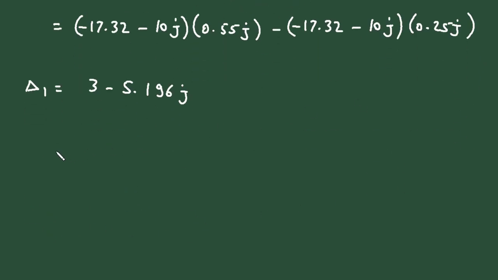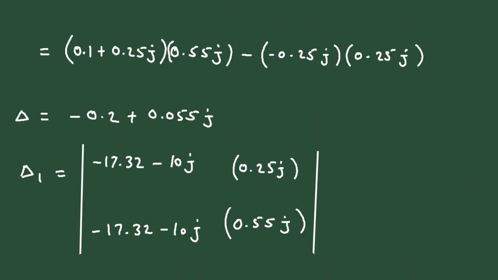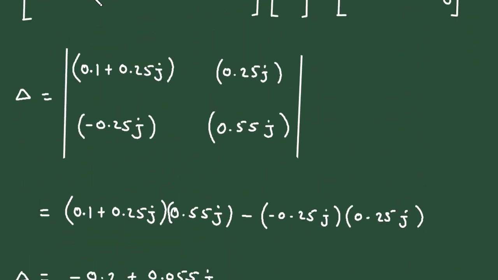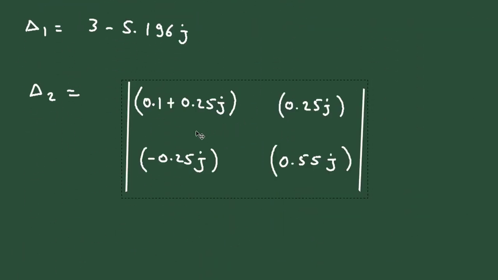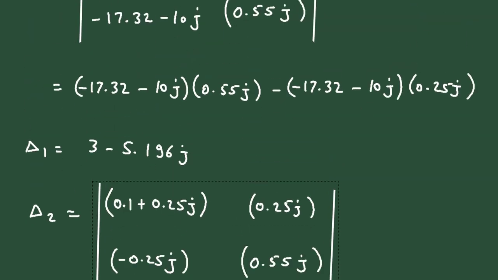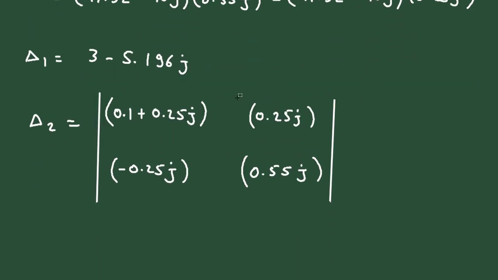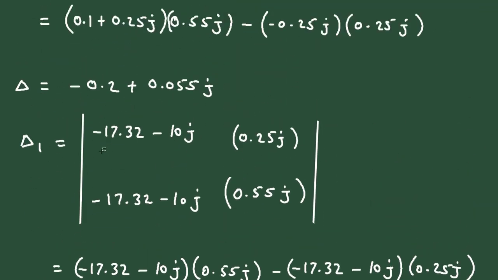Then next we have to find the value of delta 2. So for finding delta 2, again we have to take this determinant, but this time we have to replace its second column. We have to replace this second column by this value.